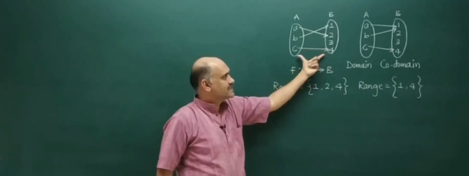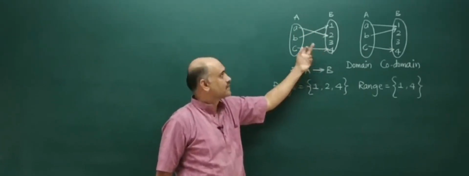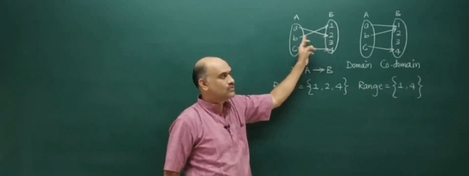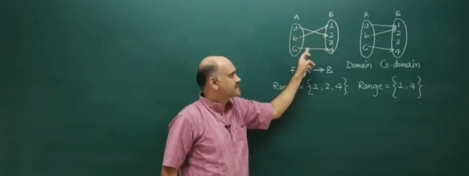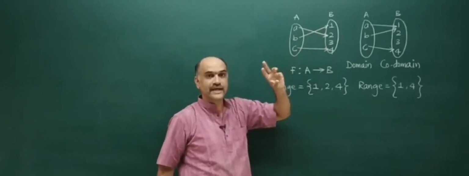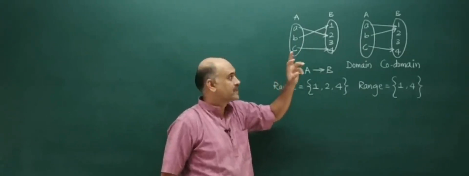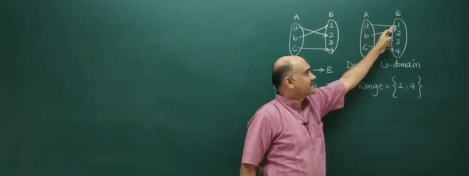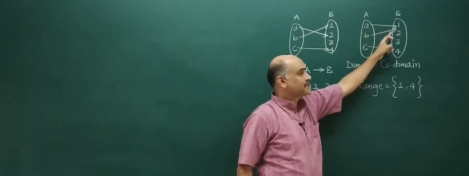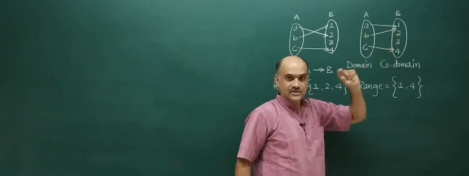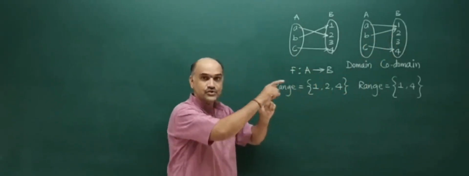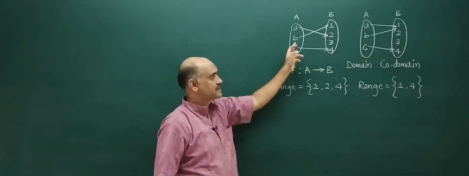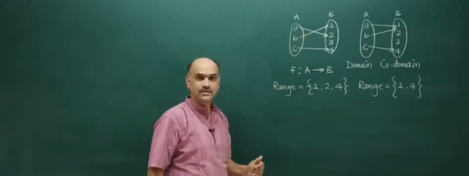So now you can say this example is one-one because A is related to 2, B is related to 1, C is related to 4. All three elements in B are different. While here this is not one-one because A is related to 1 and even B is related to 1. So each element of set A should have distinct images, distinct elements in set B.